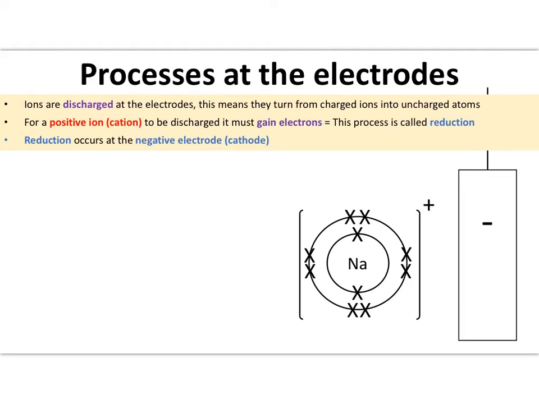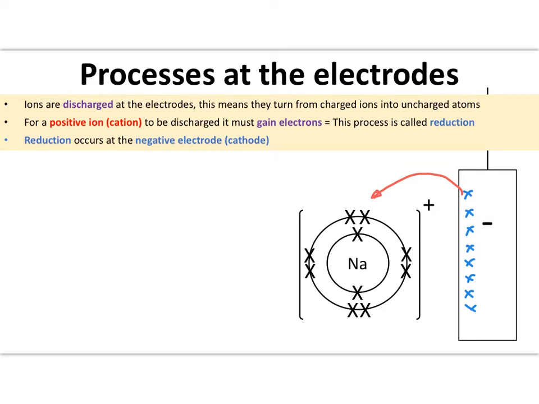If we look at the other electrode, the negative electrode, the sodium in our example here is a positively charged ion, so that's going to be attracted to the negative electrode. And if it's a negative electrode, that means it has quite a lot of electrons on it, it's rich in electrons anyway. When the sodium ion reaches that electrode, it's going to accept an electron.